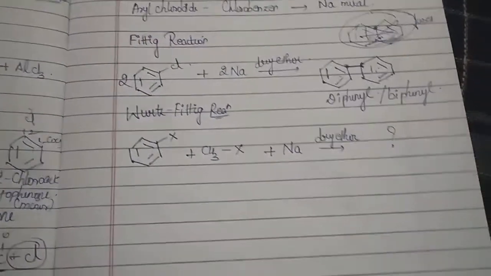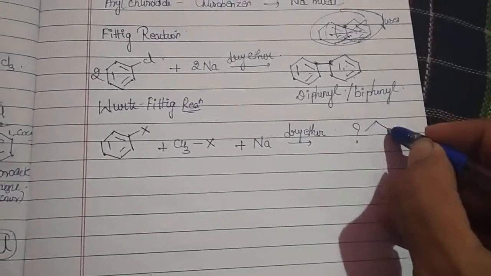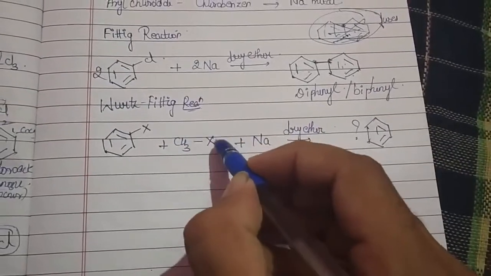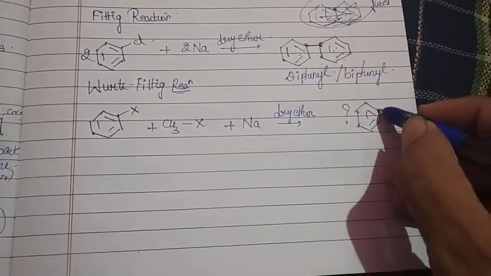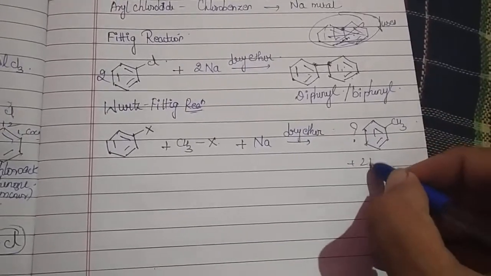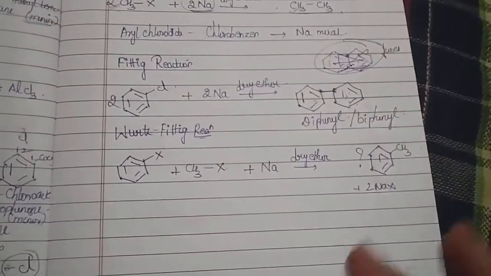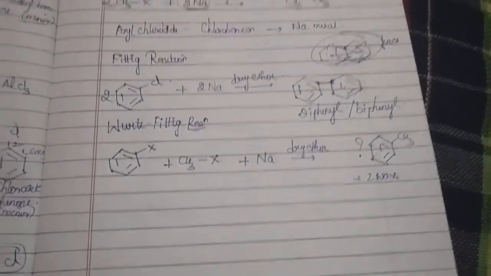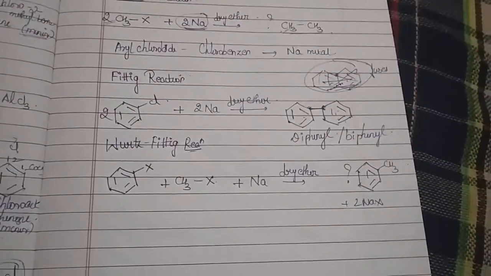So can you please help me? What will be the product? Here also a C-C bond must form. X goes, X goes, and CH3 remains. Yes. So this was my product plus 2NaX. We got toluene, a benzene ring attached to a methyl group. What is the common name? It is called toluene.